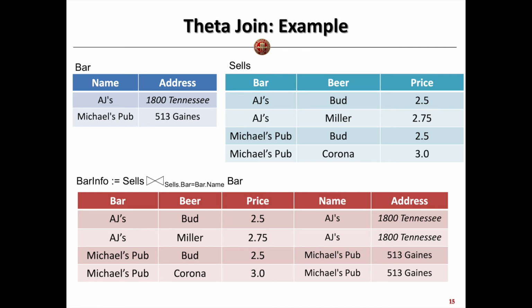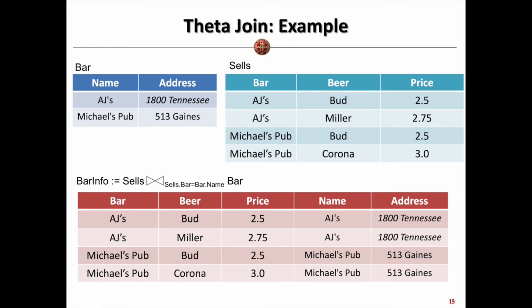According to the Theta Join definition, we need to calculate the product between bar and sales first, right? By calculating this product, we will get another table. The table will have 5 columns, which equals 2 plus 3, right? And how many rows do we have? We need to combine all the rows together if we calculate the product first. In other words, the number of rows will be 2 times 4, which is 8, right?